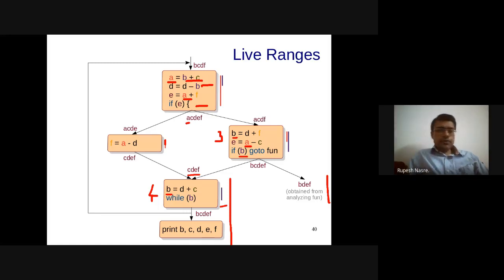So in this case, for example, the first instruction in the first basic block, as far as the loads of B plus C are concerned, A is not live. Only when A gets defined, that is, the store to A happens, after that A is live, right? So this we'll have to separate out.